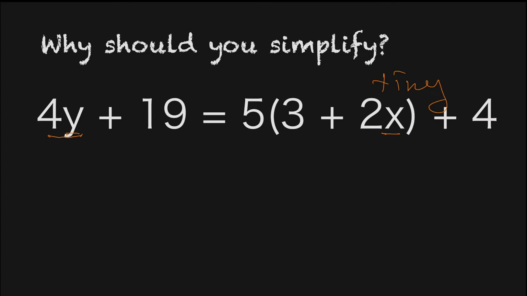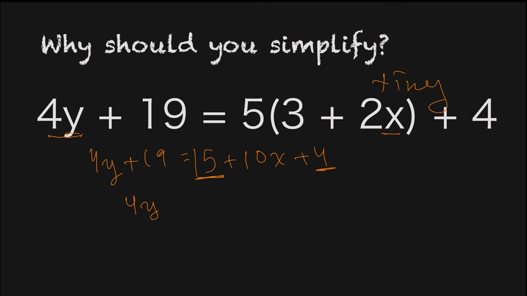So I'm going to simplify this, and first I'm going to rewrite it. 4y plus 19 is equal to 5 times 3 plus 2x. Now I'm going to write this out using the distributive property. So 5 times 3 is 15, and then you're adding 5 times 2 is 10x, and then plus 4. And we can combine like terms, the 15 and the 4.